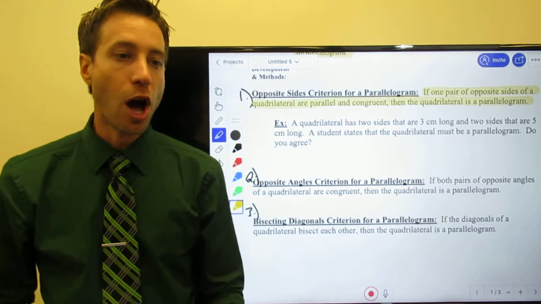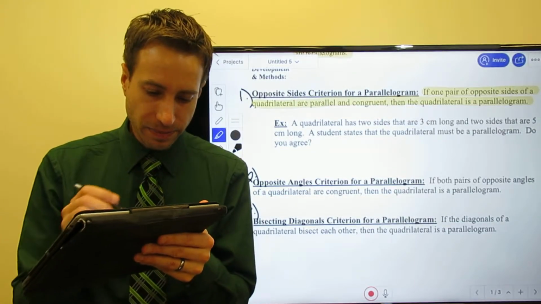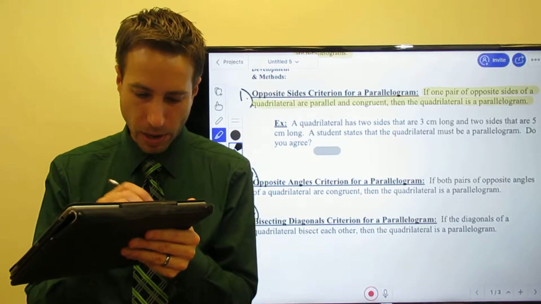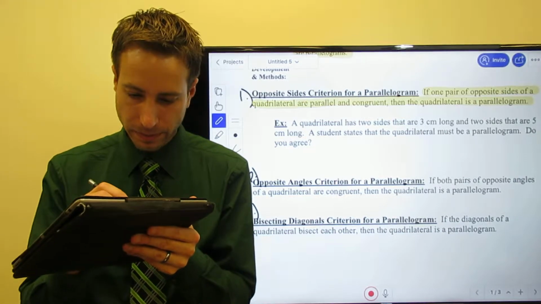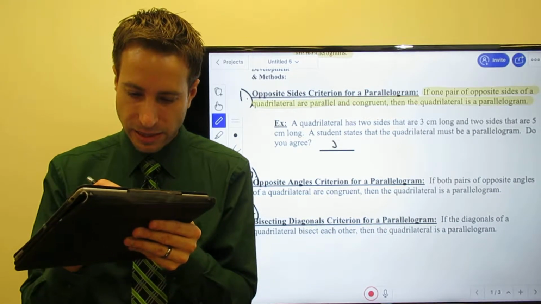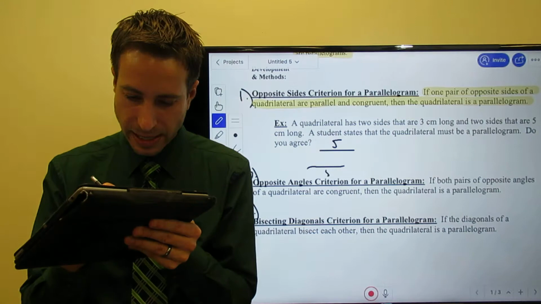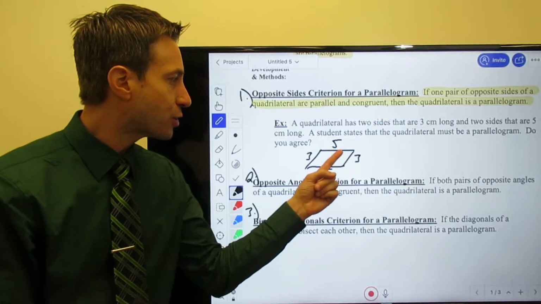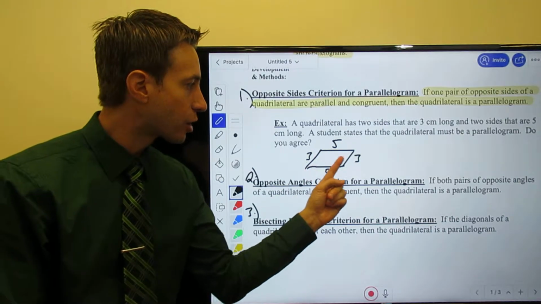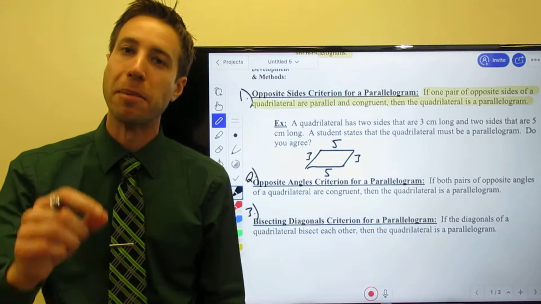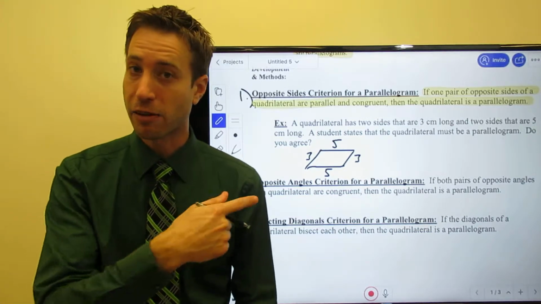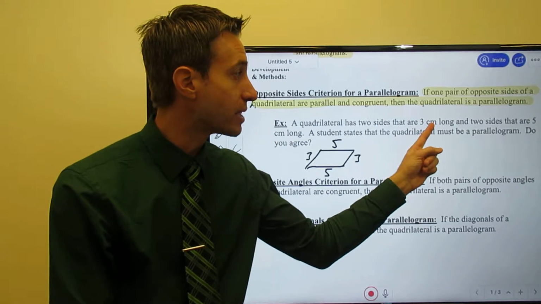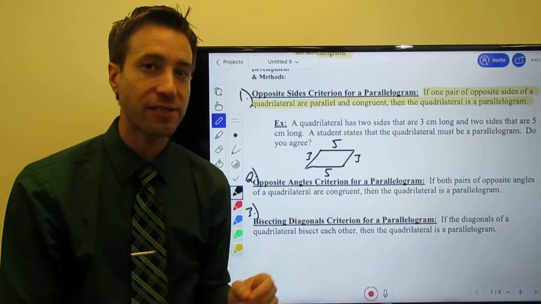Here's where this is an awesome question. We look at it and go, oh yeah, sure. Let's say that side is 5, that side is 5, and then 3 and 3. Sure enough, I have opposite sides that are congruent. It must be a parallelogram. But please be very, very careful about the way this is worded. A quadrilateral has two sides that are 3 centimeters long and two sides that are 5 centimeters long.